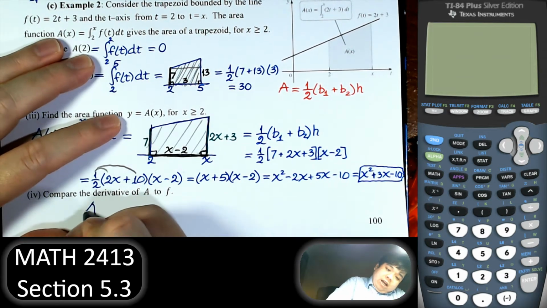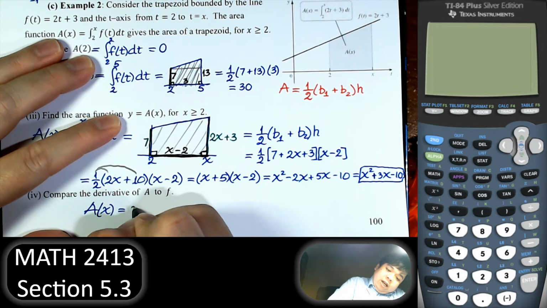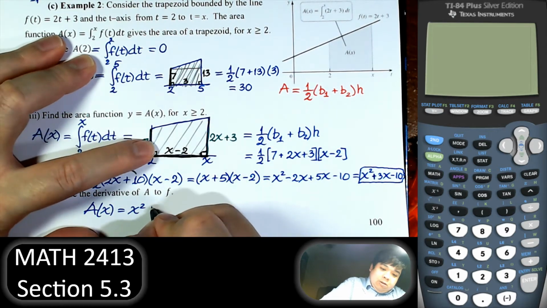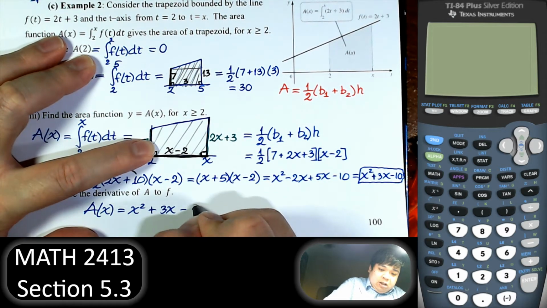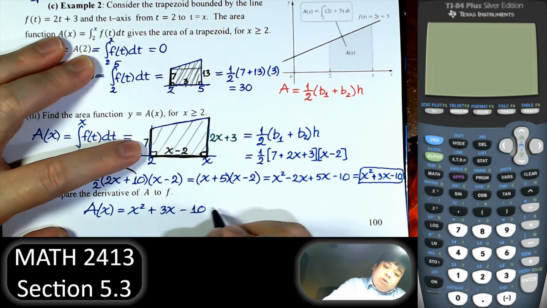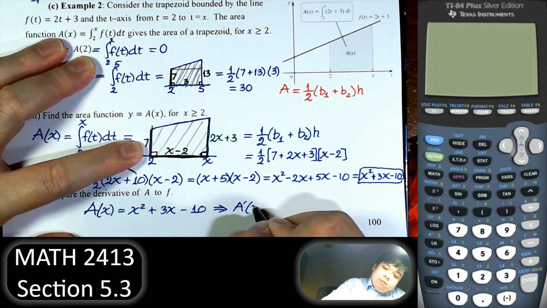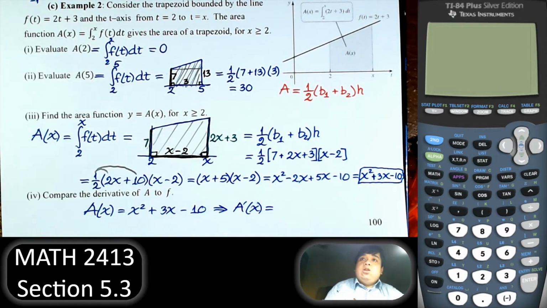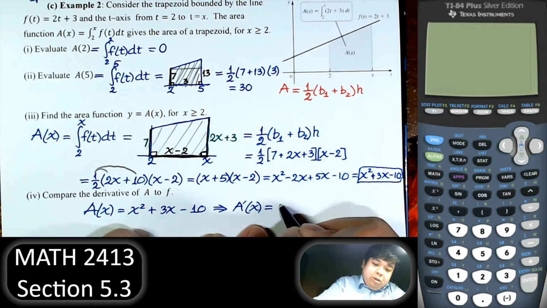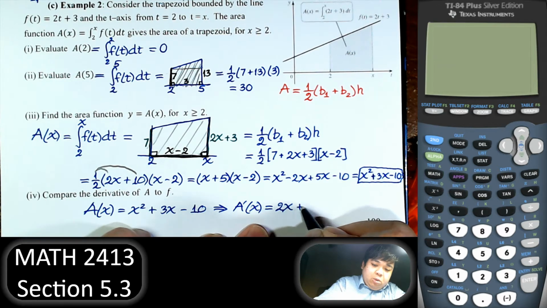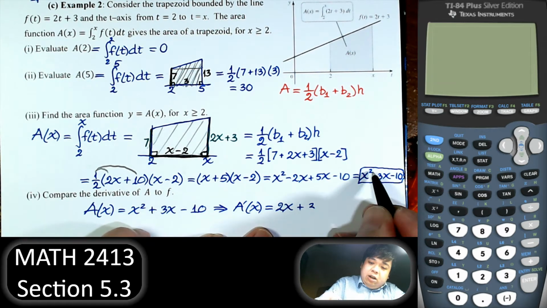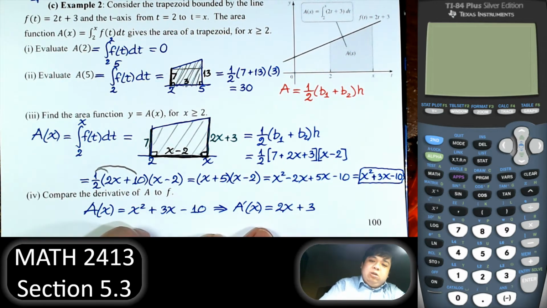So we have the area function x squared plus 3x minus 10. If we take the derivative of the area function, the derivative of this is going to be 2x plus 3, right? 2x plus 3. And you say, oh, that is the same as the function, right?